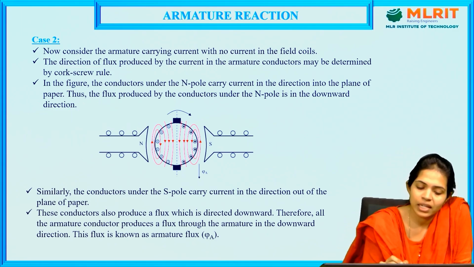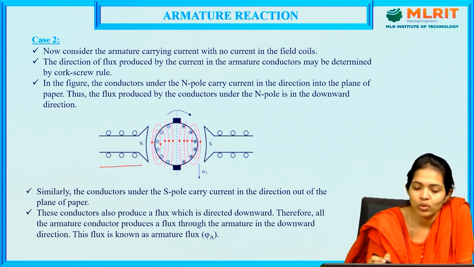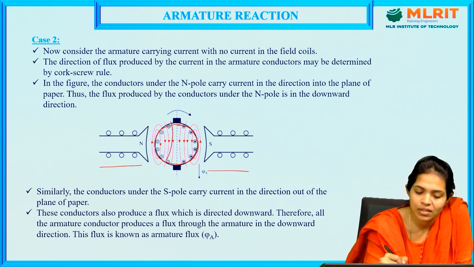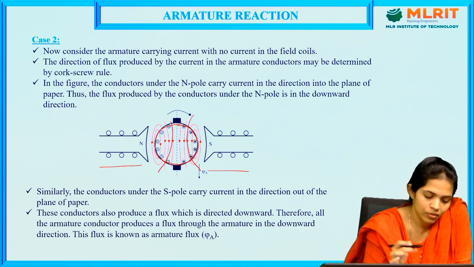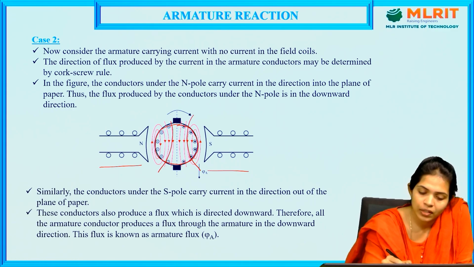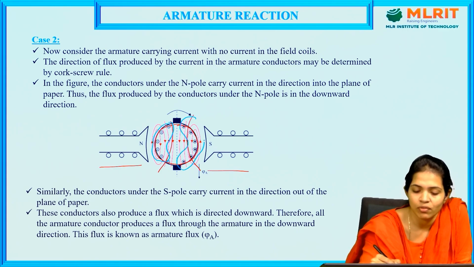So we can see in this figure, we have a north pole and a south pole. This is the armature, and these are the conductors. These are the conductors lying under the influence of the north pole, and these are the conductors lying under the influence of the south pole.